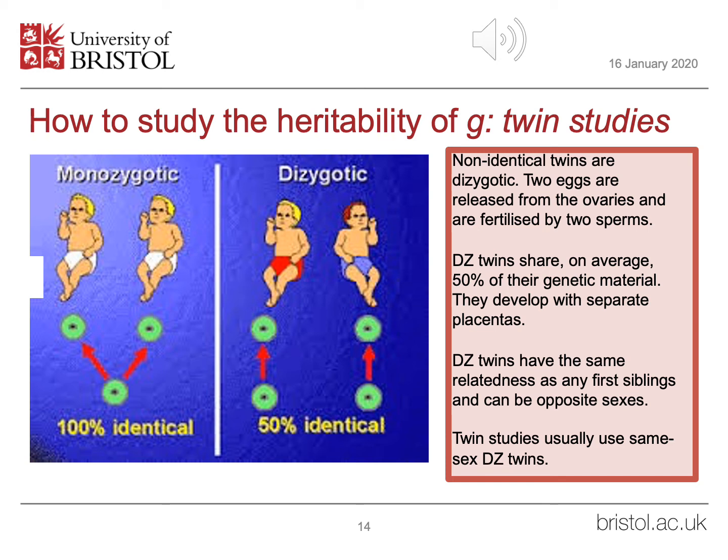DZ twins have the same relatedness as any first siblings and can be different sexes. Twin studies usually use the same sex DZ twins in order to be able to compare them with monozygotic twins, which are always the same biological sex.